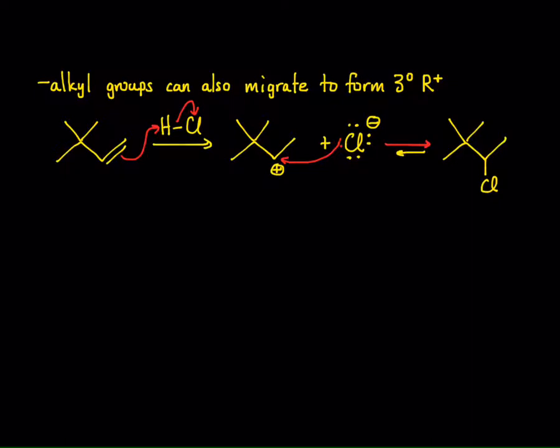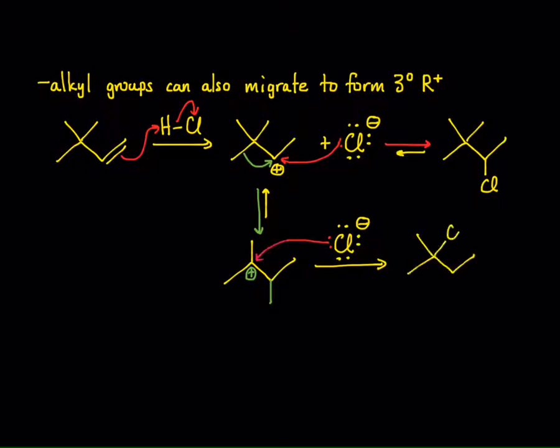Notice if I shift one of those methyl groups over to the carbocation, my resulting carbocation would look like this. Again, I'm going from a secondary carbocation to a tertiary carbocation, and notice the green methyl group. So the methyl has shifted. The whole alkyl group has shifted to form a new carbocation. And now my chloride ion can come in, and I get a different product, a product of rearrangement.